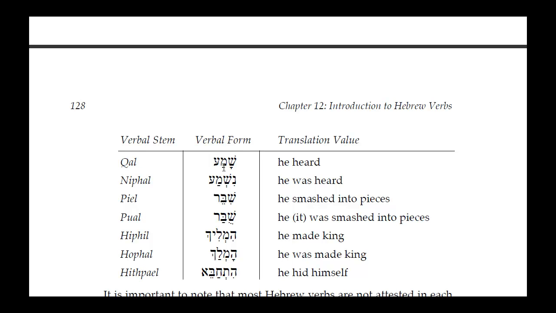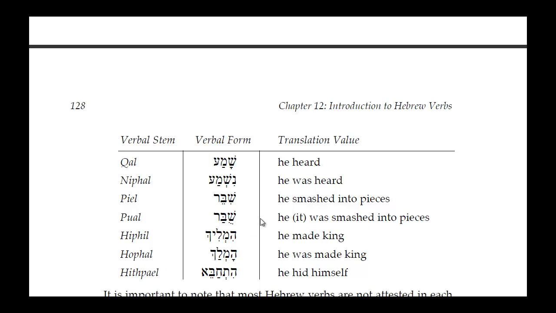Here we have the qal stem, which is shama: he heard. The nifal of shama is nishma: he was heard. The piel form of shabar, to break, is shibber: he smashed into pieces. The pual of shabar is shubbar: it was smashed into pieces.